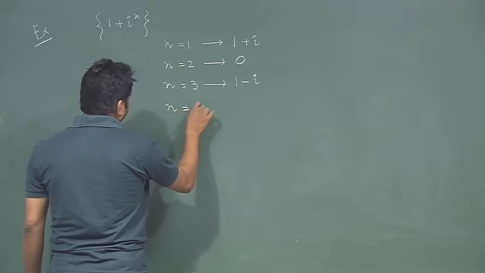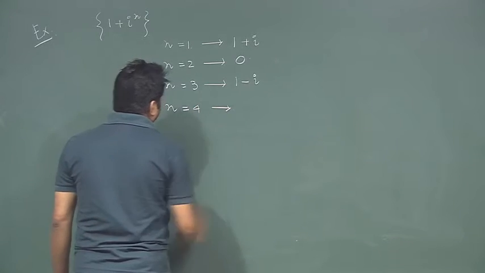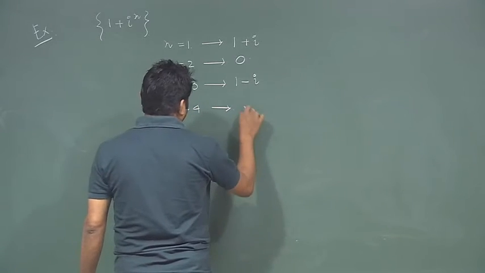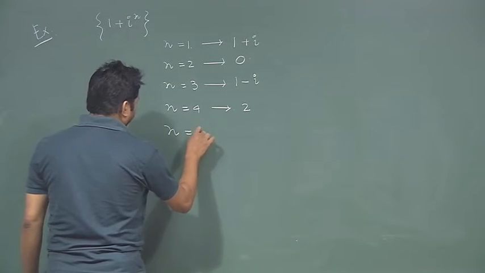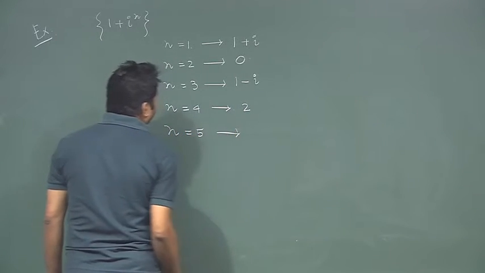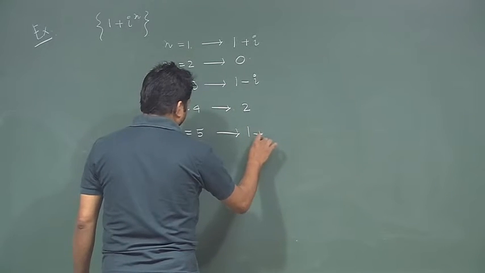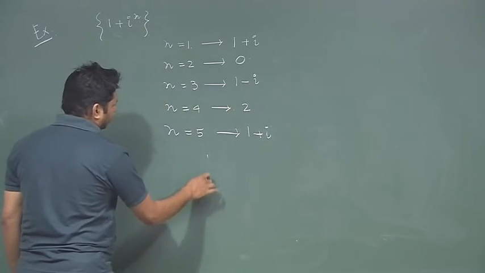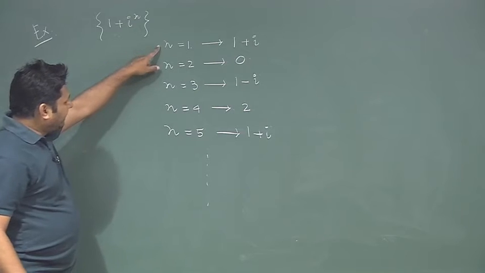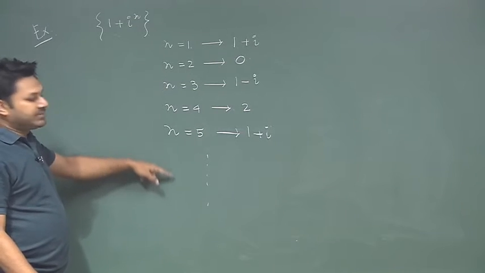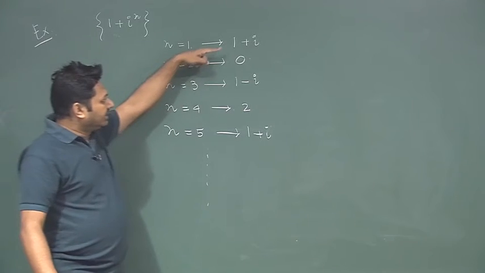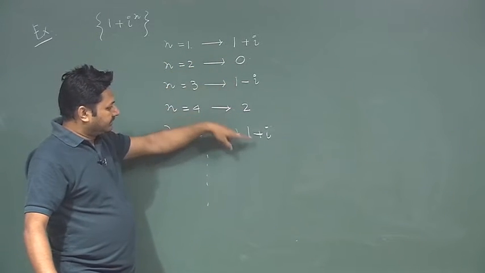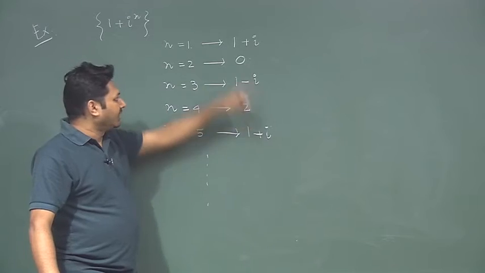When n is equal to 4, I have 2. When n is equal to 5, and so on. So, I am changing n to 1, 2, 3, 4, 5, 6, 7, 8, 9, 10, and as a result I am getting these numbers, which I call the sequence.